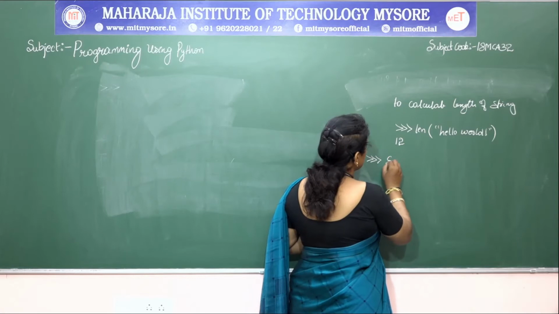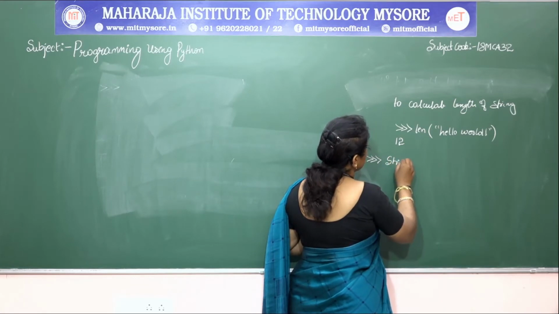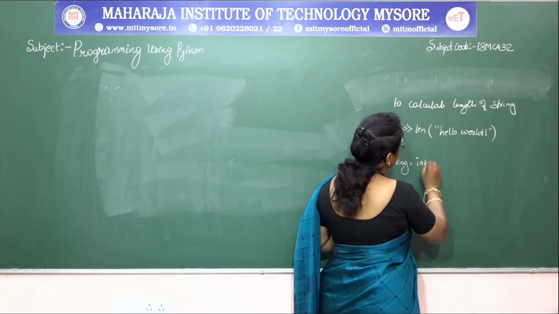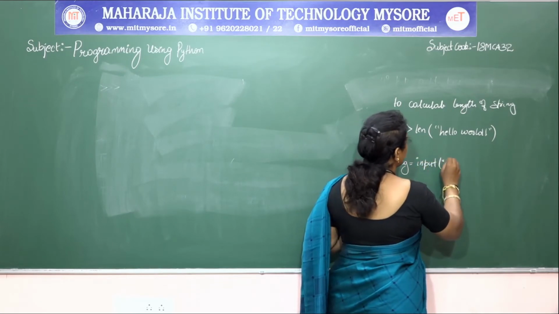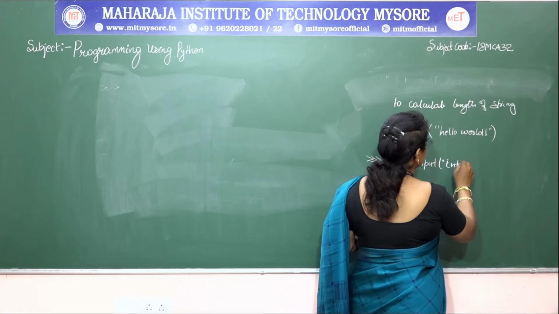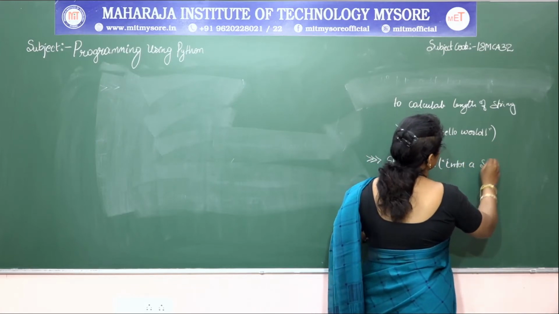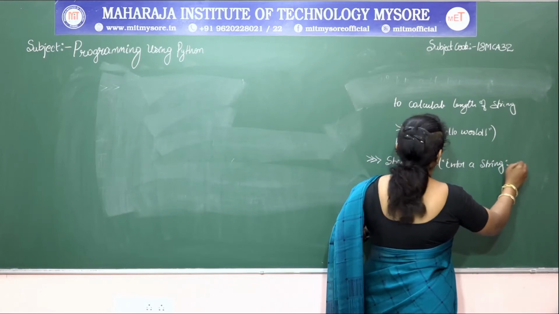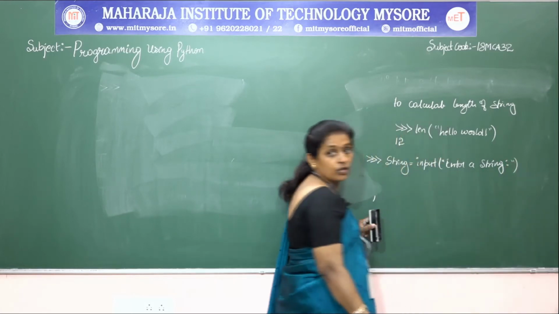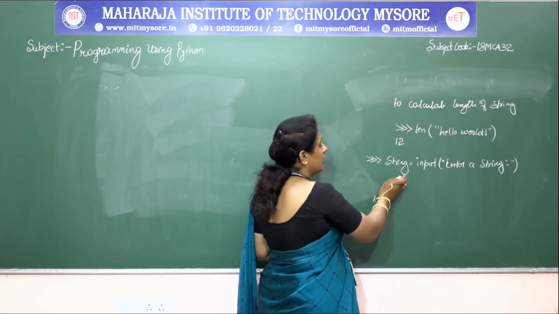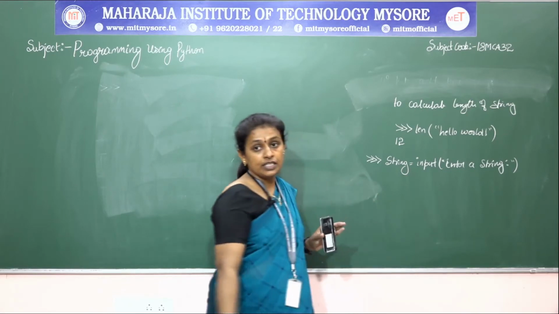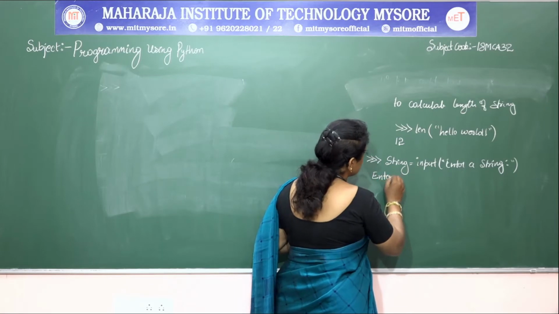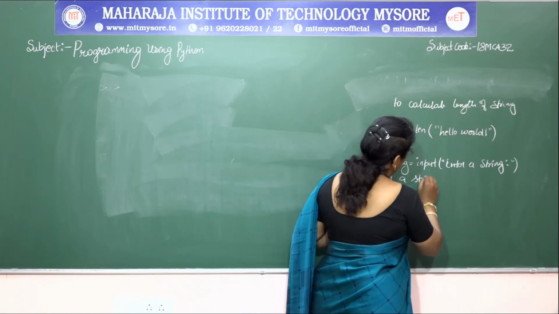So this is how we can calculate the length of a string. Or else I can go with one more thing, that is string, by taking an input from the user. I will write enter a string. After that, it is going to wait for input from the keyboard and display the message enter a string.